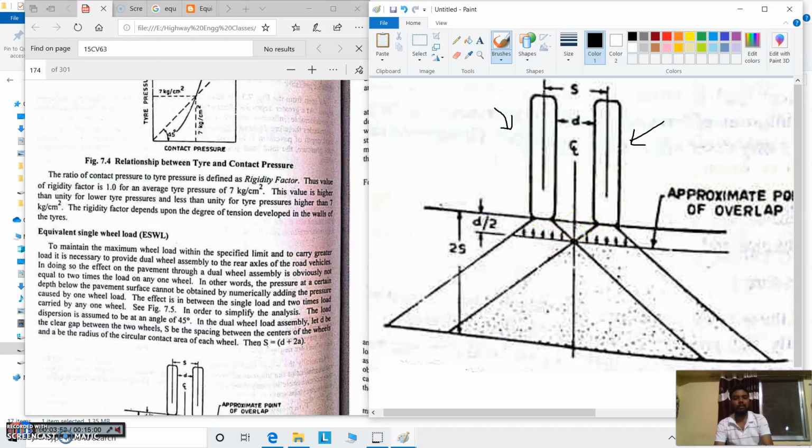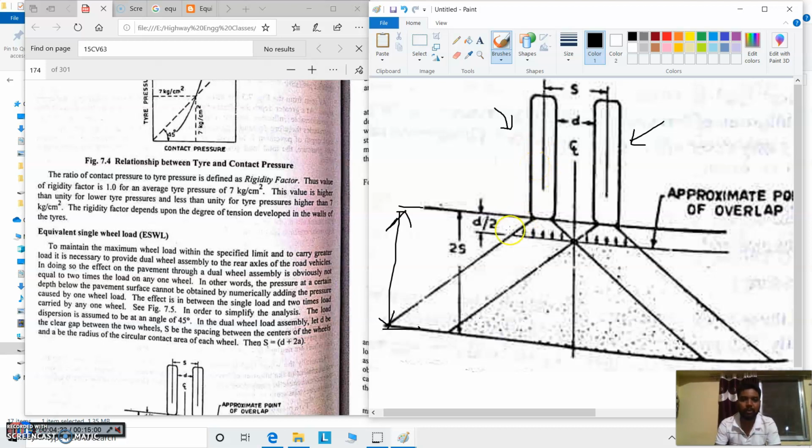Here, what we are discussing is the equivalent single wheel load, right? In other words, you can say the pressure at a certain depth below the pavement is considered at the particular pavement depth. The pressure at a depth below the pavement surface cannot be obtained by numerically adding the total load on each wheel.